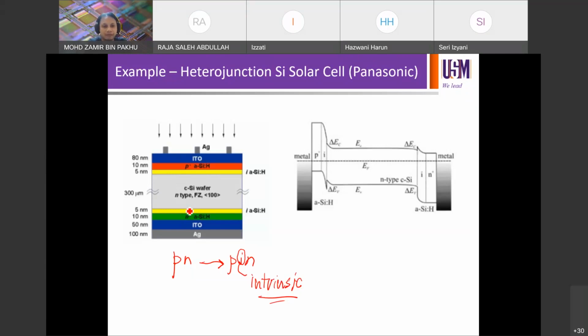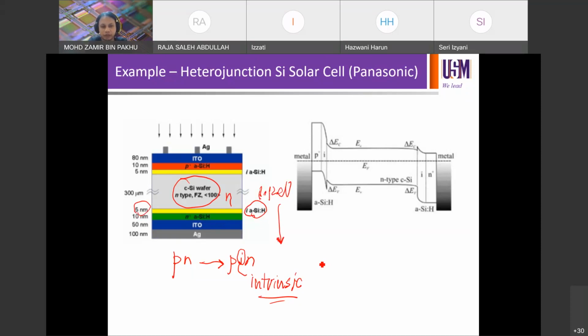So you have n-type in the middle, n-type crystalline silicon, 1.12 electron volts. Crystalline silicon, yeah, n-type, right? So let's look at the bottom part first. Look at the bottom part first. So below crystalline silicon, we need to deposit, on top of it, below it, 5 nanometer of intrinsic amorphous silicon hydrogenated.